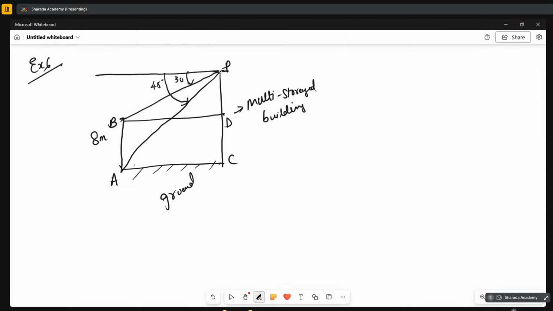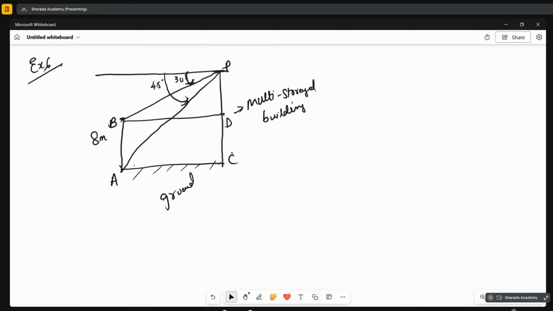From the top of the multi-story building to the top of the 8-meter building, it is 30 degrees. From the top to the foot of the 8-meter building, it is 45 degrees. So name these A, B, C, D, P.